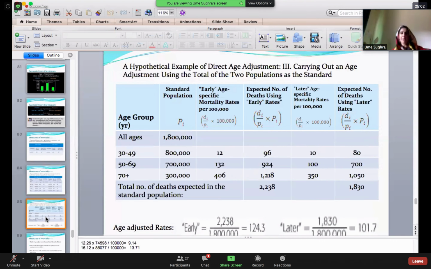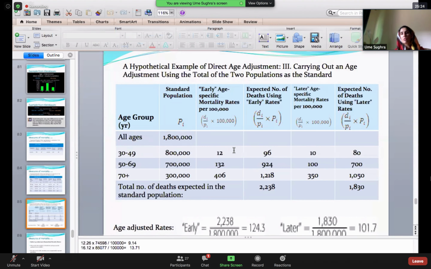Okay, now coming to this table that is given, this is taken as it is from the book. These are the observed numbers, or the early mortality rates, or the crude mortality rates that they've calculated by the observed number of deaths that were occurring.